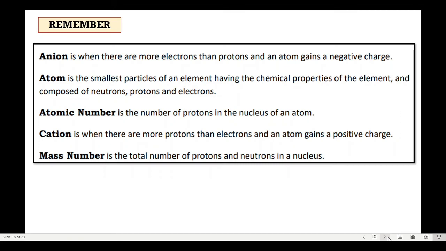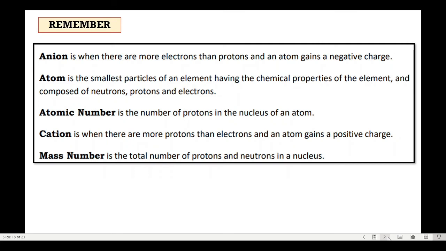Okay? Next, atom. Again, atom is the smallest particle of an element having the chemical properties of the element composed of neutrons, protons, and electrons. These are the 3 subatomic particles of an atom, yung proton, neutron, electron. And do not also forget that electrons are very light compared to neutron and proton.